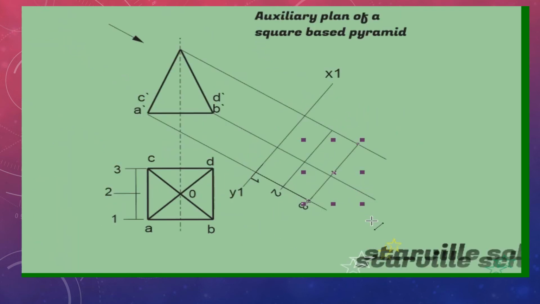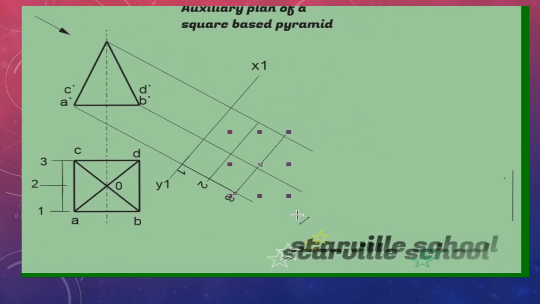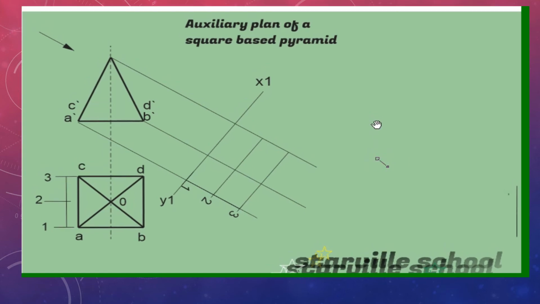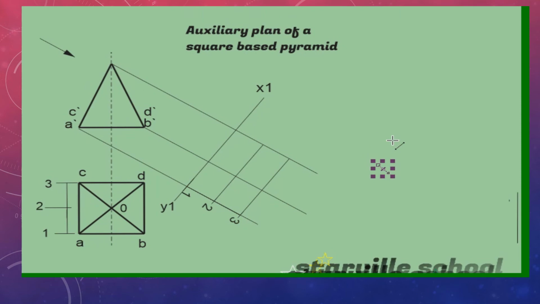Of course, having done that, because we are almost done, the next thing we have to do is one of the most important facts in auxiliary projection. So we are simply to locate the point. It's usually quite confusing for students, but I'm sure with these steps it's quite easy.